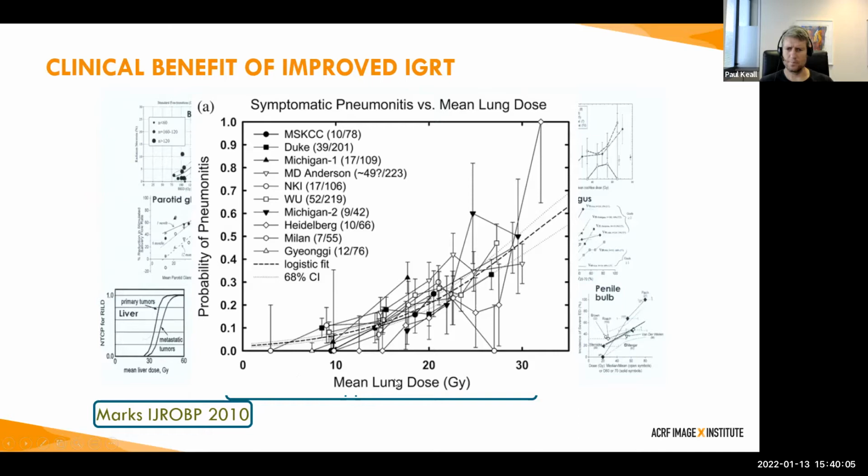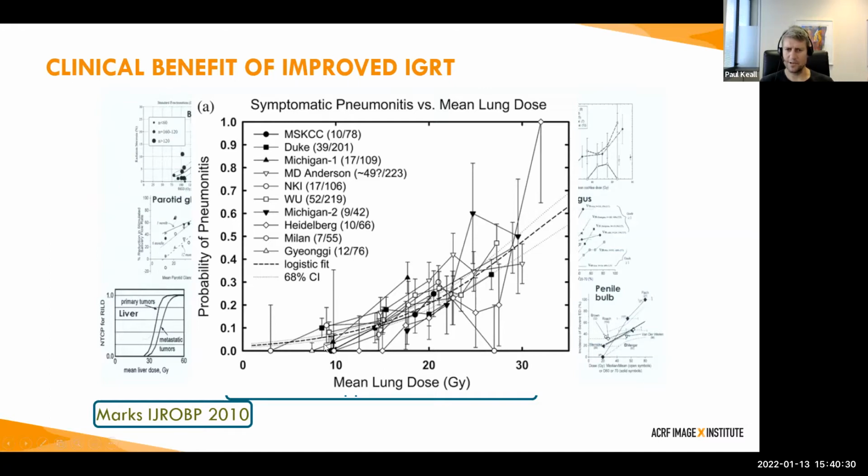On the x-axis, we have essentially the average radiation dose that we're giving to the lung. And on the y-axis is the probability of pneumonitis, which is essentially inflammation of the lungs, a side effect of radiation therapy that we want to avoid.